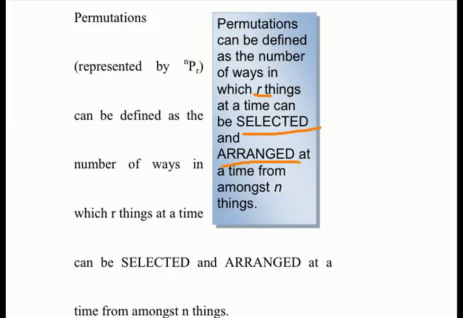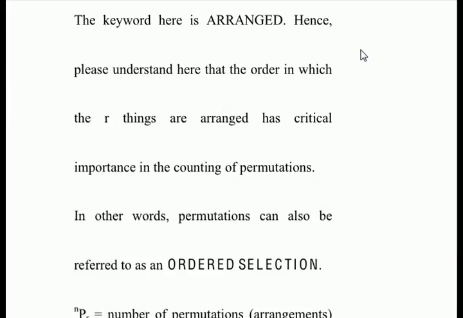So the keyword here is selected and arranged. So you're not only talking about taking out things, but also how you're going to arrange them within themselves. The keyword again is arranged.